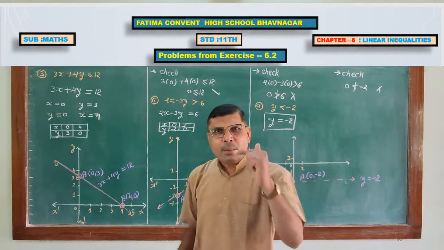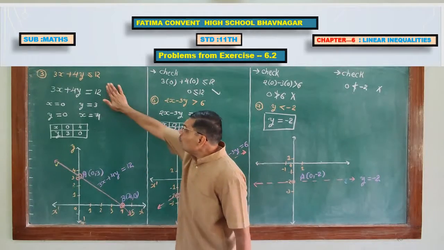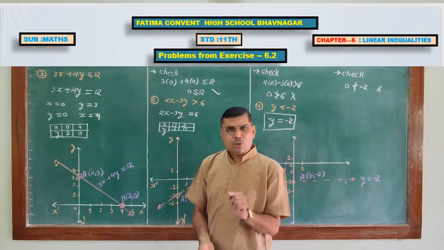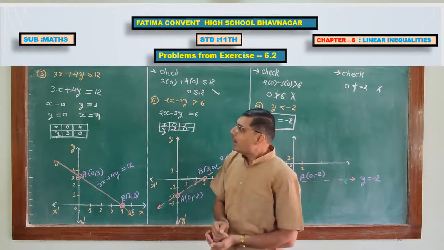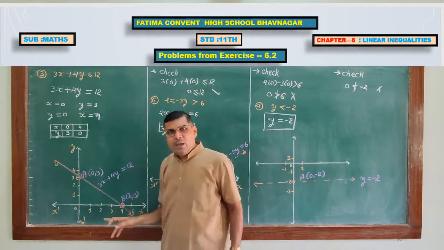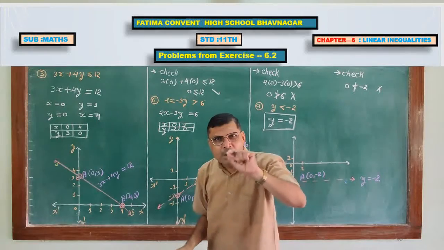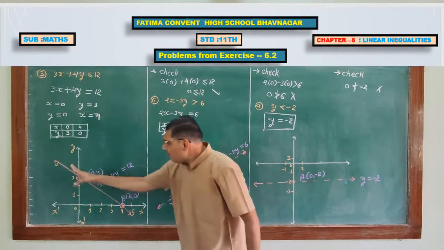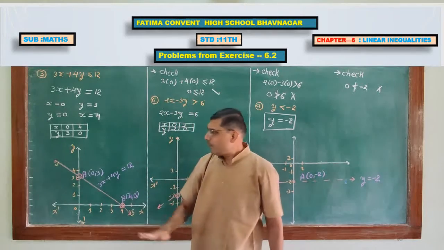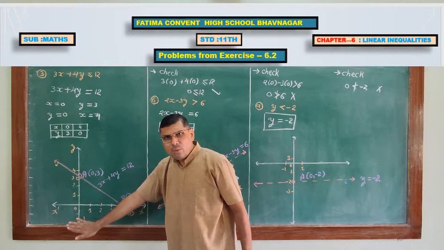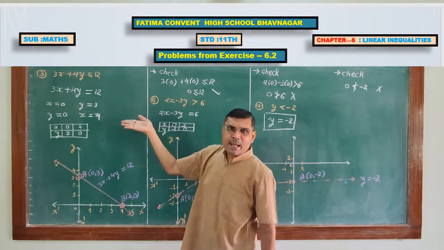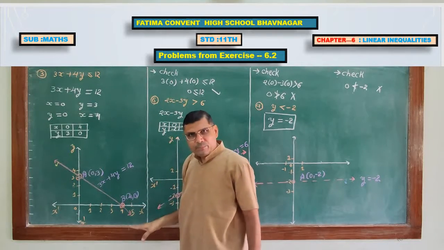But now we are going one step ahead. I want to draw a graph of 3x plus 4y less than or equal to 12. Since it is equal to, it is a continuous line. If it is not equal to, then that will be a dotted line. Remember, this line divides my graph into three parts: below the line, above the line, and on the line.